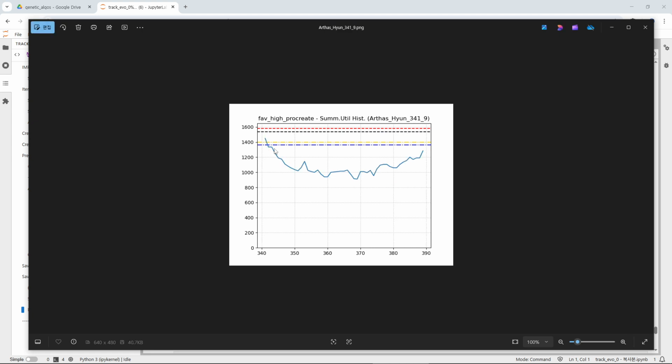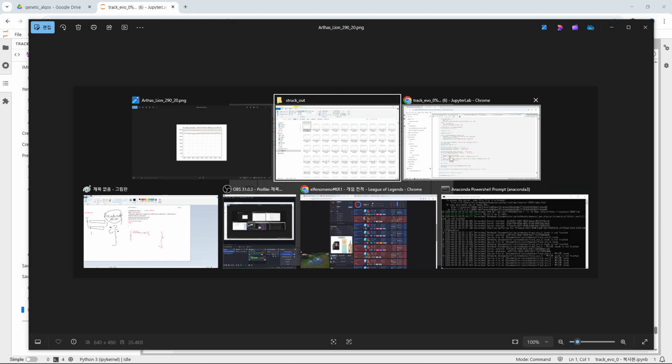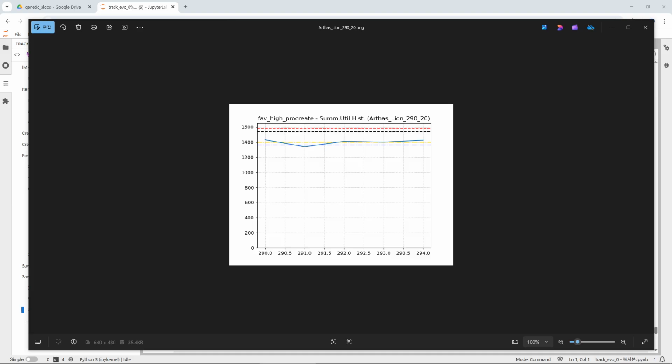This one was coming back up, and then it got struck out. This one was also doing that, and then it got struck out.